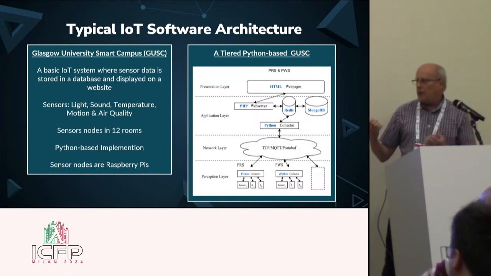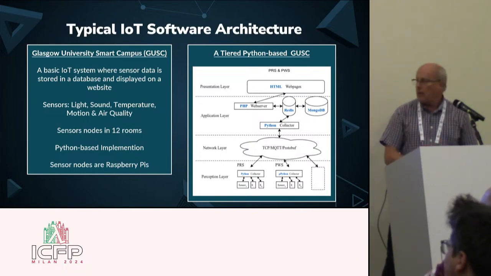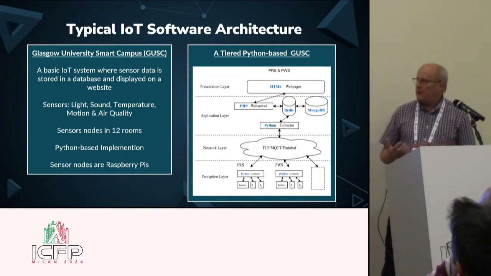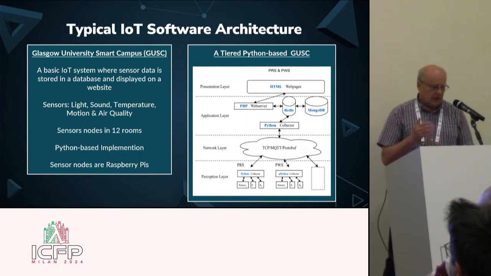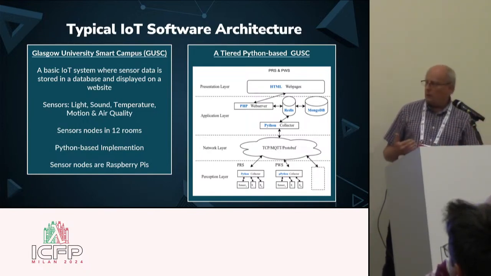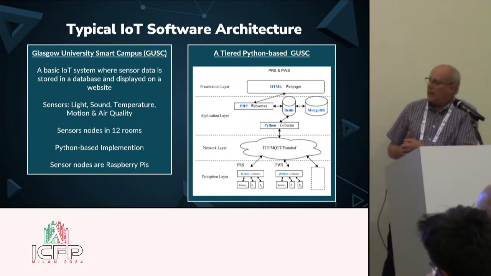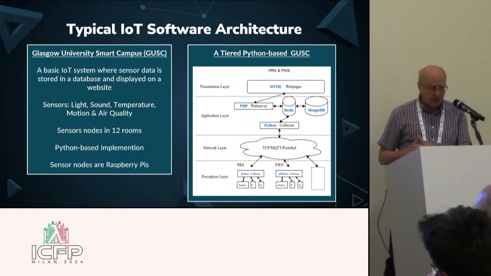We have the sensor nodes distributed in about 12 rooms in a couple of buildings in the uni. The sensors are also pretty standard commodity things. They sense light, sound, motion, temperature, and so on. It's a Python-based implementation. It existed before we started working on it, and the sensor nodes are Raspberry Pis.